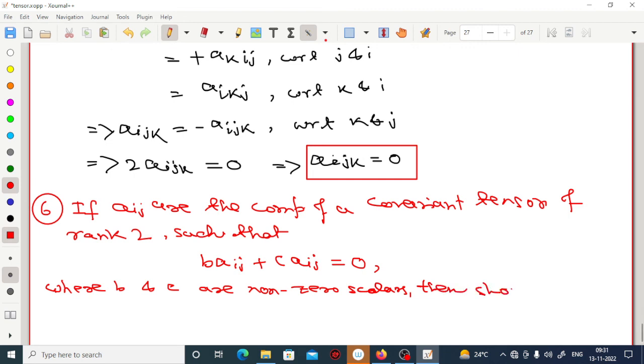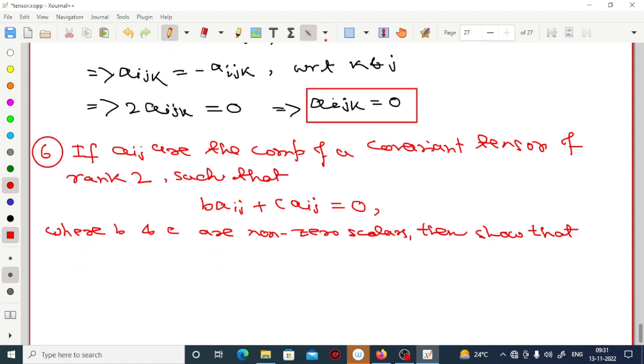two proofs. Either one of them will hold, both will not occur together. Either B equals C and Aij is a skew symmetric tensor, or B equals minus C and Aij is a symmetric tensor.